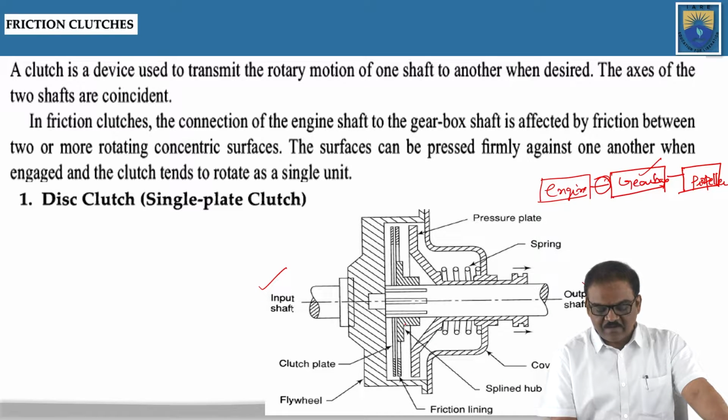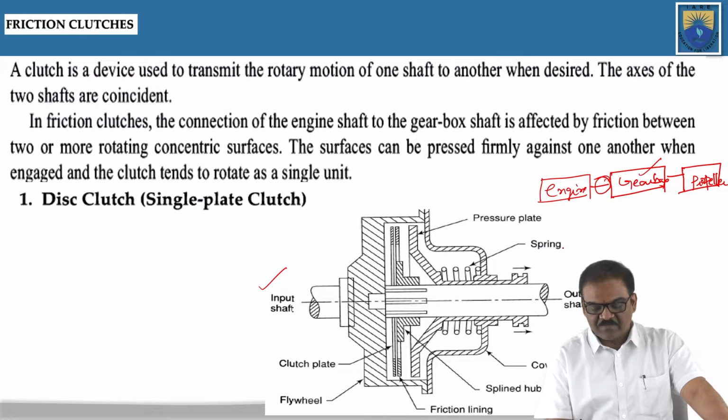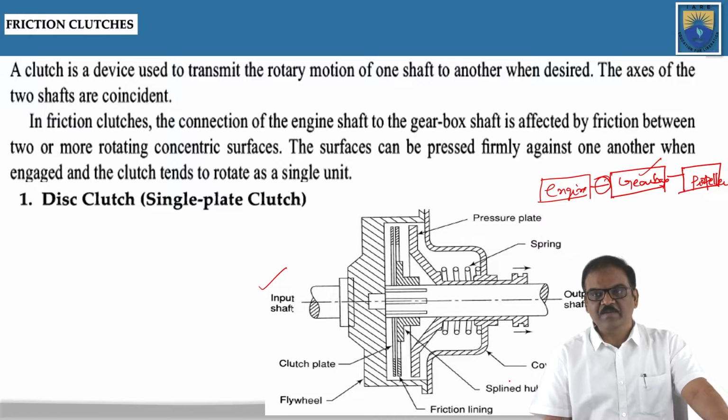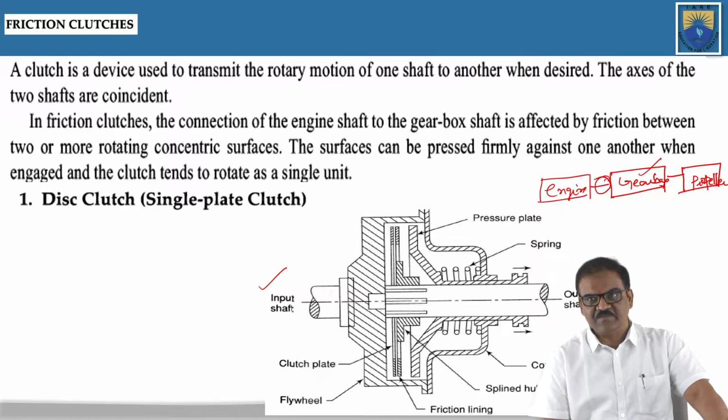Because of this splined hub, by hand actuation, the clutch plate can be moved forward and backward, and the clutch plate and the friction lining are kept in contact by using spring pressure, and the whole mechanism is done through a pressure plate, and the splined hub will be used for disengagement.